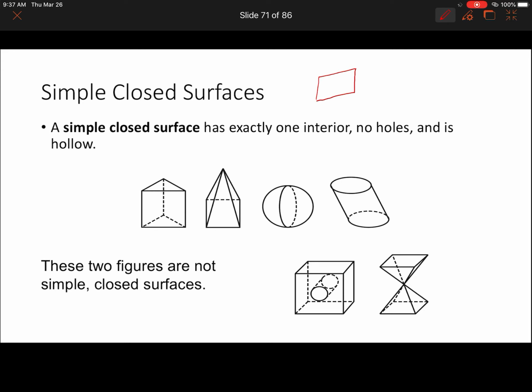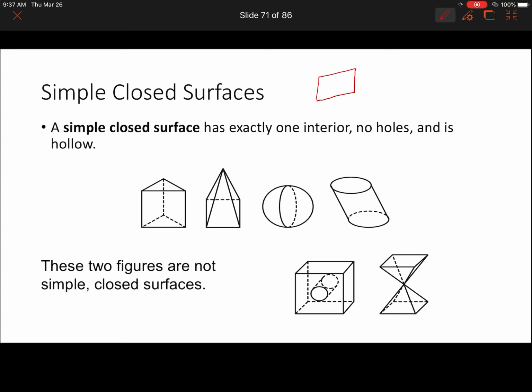And so you could see a lot of these as you go to, let's say, the grocery store. As you get out and you buy things, the containers oftentimes are simple closed surfaces, and some are prisms and some are cylinders, and we're going to talk about all that in a little while.